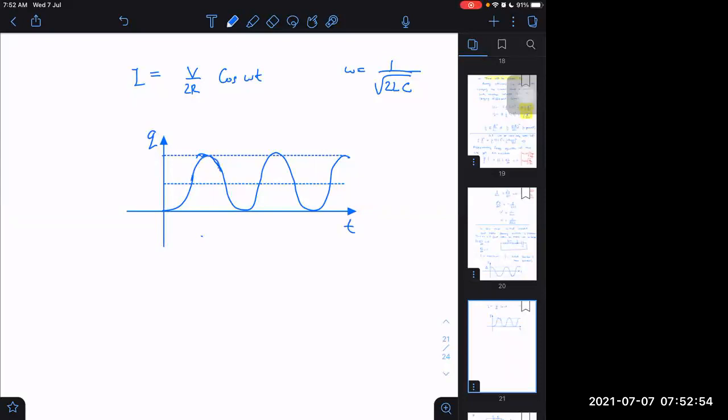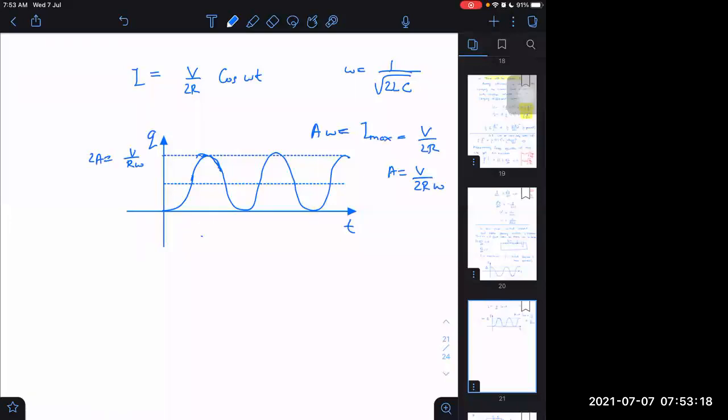Amplitude I can get easily. A omega is equal to I max, which is equal to V by 2R. So A is equal to V by 2R omega. Then this one is double of A. It is 2A, twice the amplitude, from extreme to extreme. So it is V by R omega.